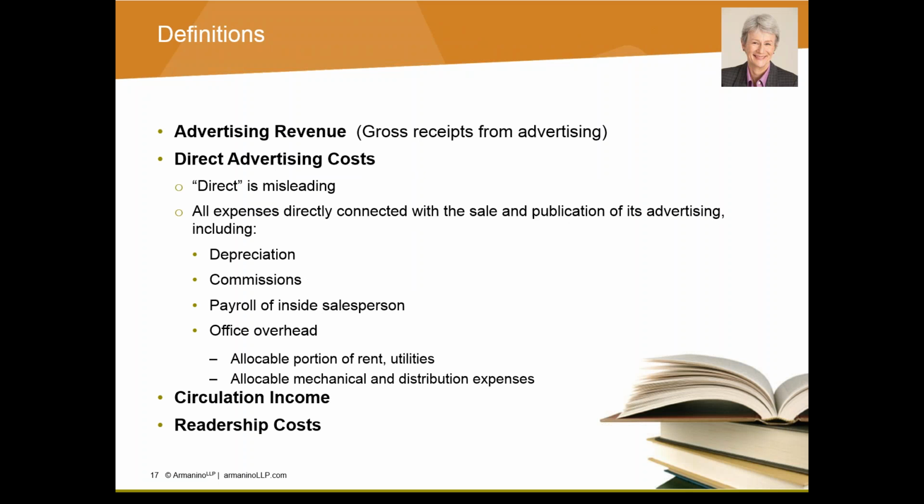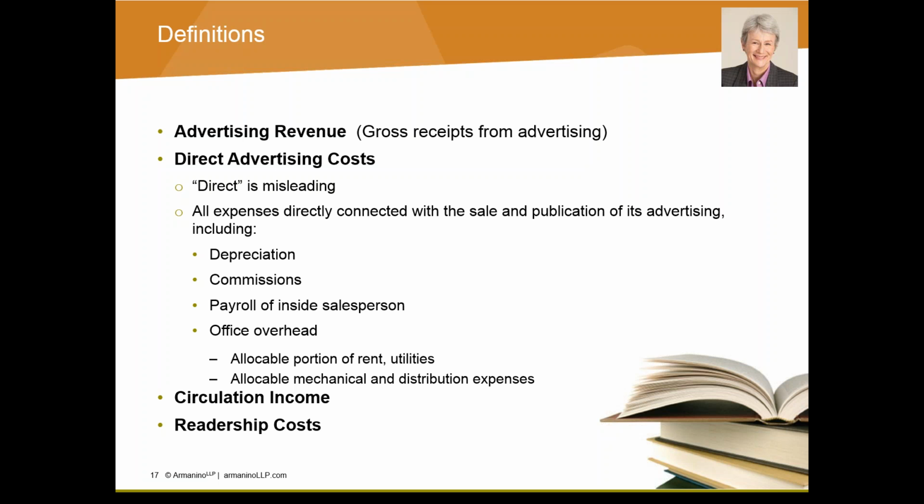So let's look at some definitions real quick. Advertising revenue, of course, is going to be your gross receipts from anybody who is paying you to advertise in your publication. And then we have something called direct advertising costs. Now, when you read about this, they will use the words direct advertising costs. Well, direct is misleading because it really should say the normal, allocable, ordinary, and necessary expenses.